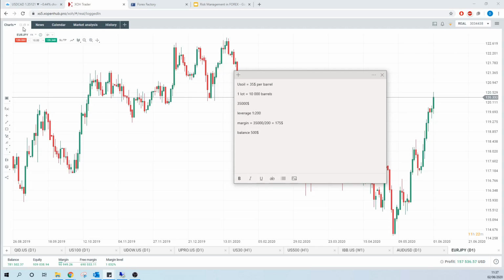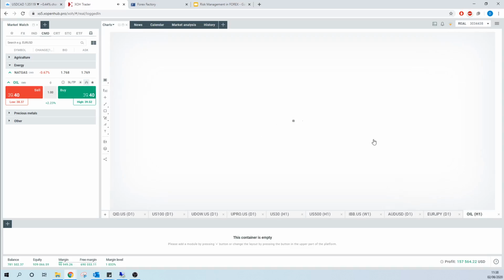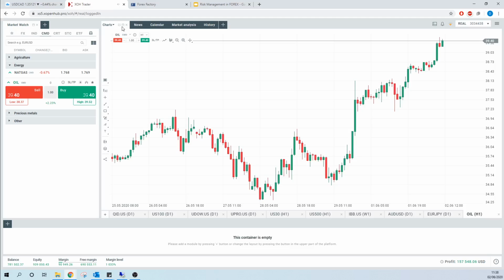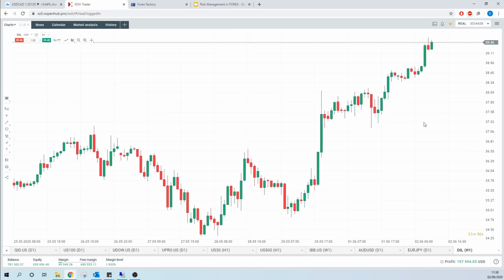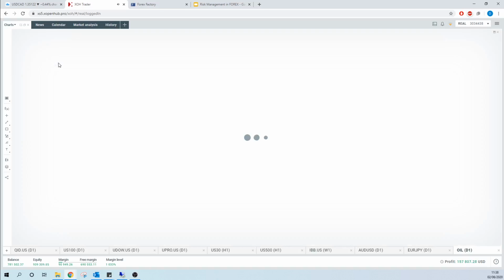We can go from this platform. We can go and find the oil, for instance. Let's just have a look at the graph of oil. Let's maximize it. Okay, so we can see, for example, the candlestick graph for 1 hour.